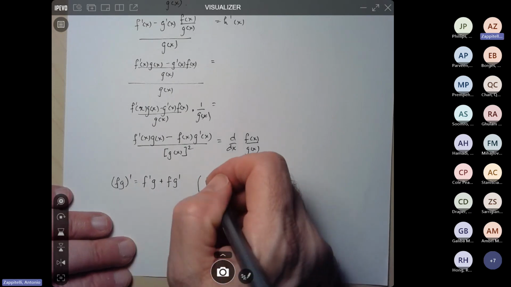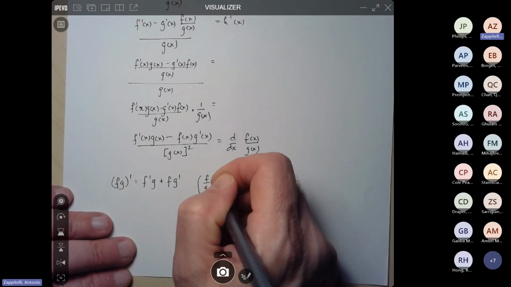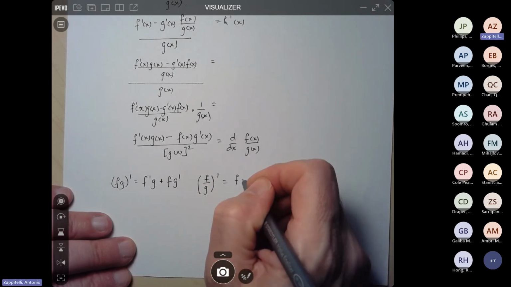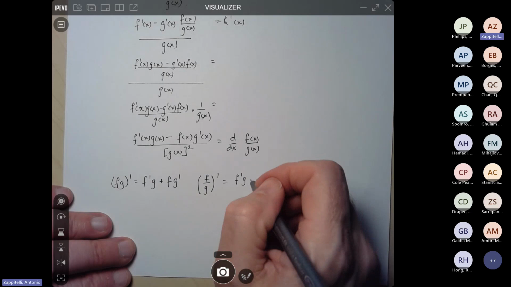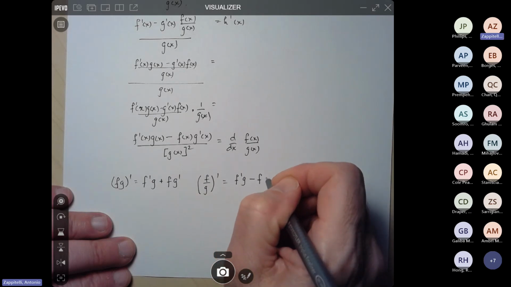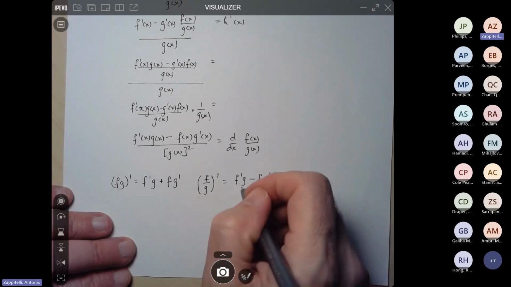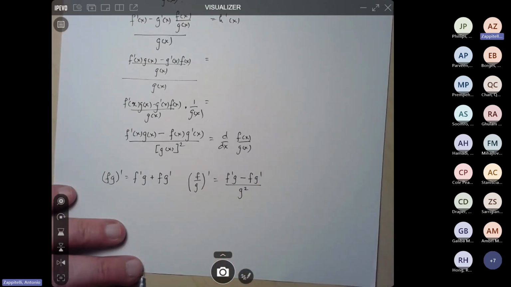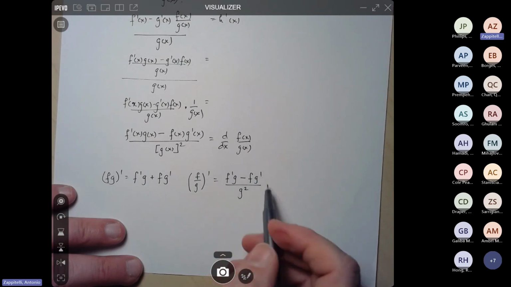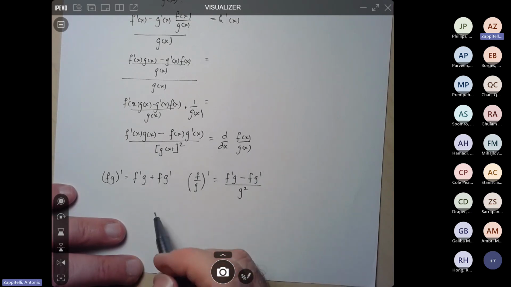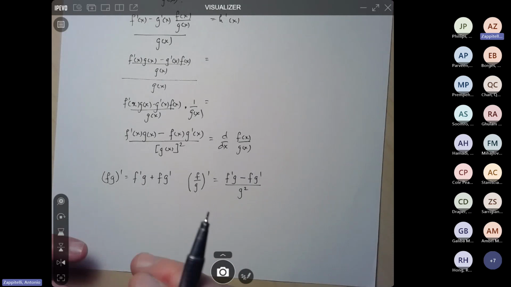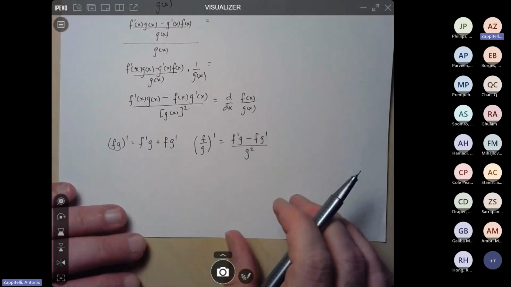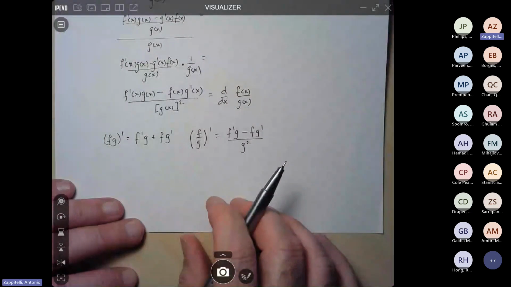And now let's write the formula for the derivative of a quotient. Well, it's the derivative of the first times the second minus the first times the derivative of the second, all over g squared, the denominator squared. Okay, so a little bit more complicated than the product rule. As expected, division's always a little more complex than multiplication.